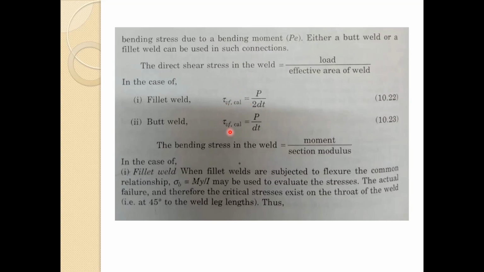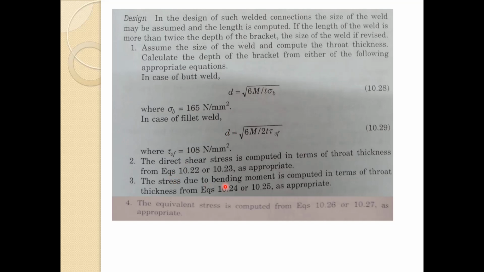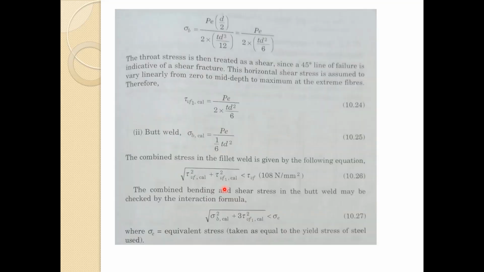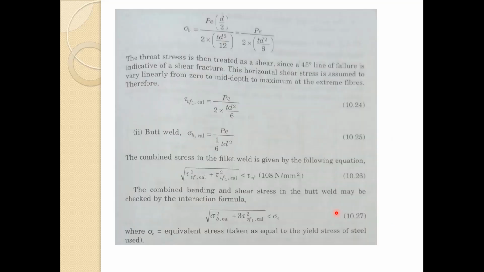By using those equations, we can find the direct stresses, and the stresses due to bending moment can be computed by using these equations, and the equivalent stress can be computed by using these equations. So this is the design procedure for the bracket connection of type 2 in eccentric welding.